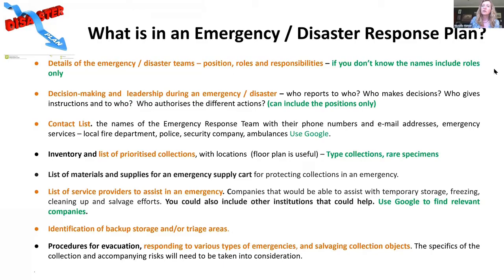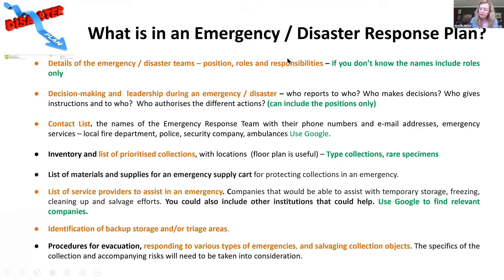So it's evident that you have to have a plan, and that plan has to be carefully thought through and practiced, and there has to be training. In an emergency or disaster response plan, you need details of the teams, their positions, their roles and responsibilities.